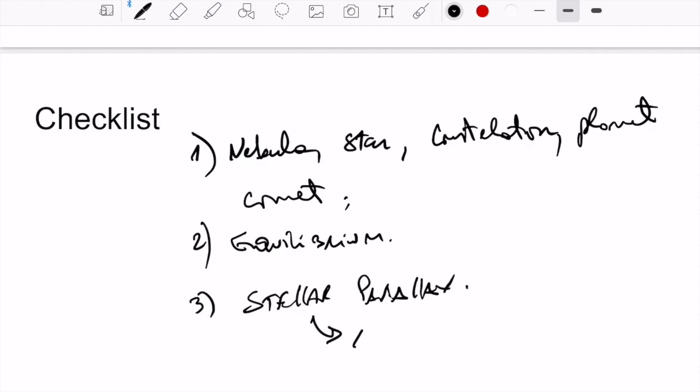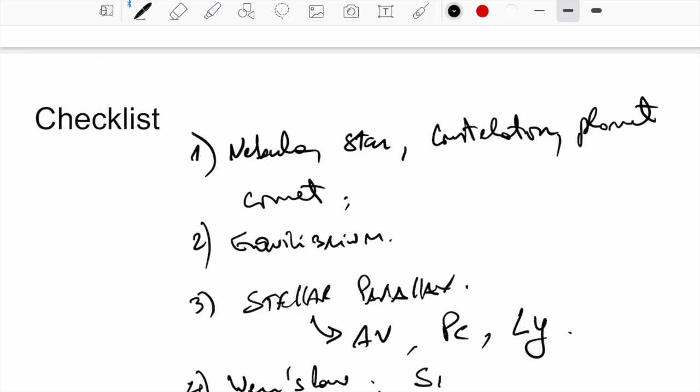Understand the astronomical unit, the parsec and the light year as distances to measure stars, and then two laws, Wien's law and Stefan Boltzmann's law, two laws that we have used in topic 8.